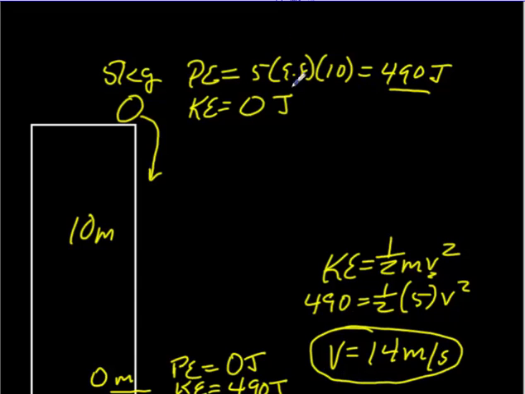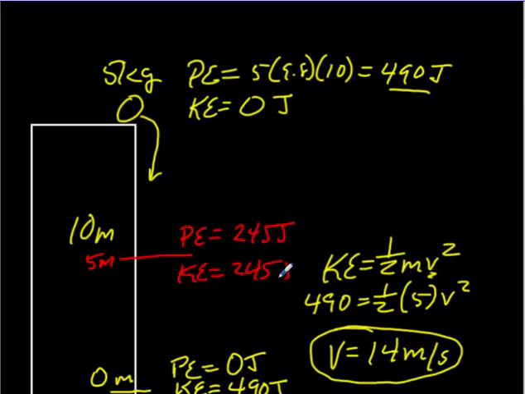So now let's say, what happens halfway? How much potential energy do I have, and how much kinetic energy do I have at the halfway point? Well, that's going to be at the 5 meter mark. And so all I have to do is 5 times 9.8 times 5, and I'm going to get 245 joules. And that means the object has gained 245 joules of kinetic energy.